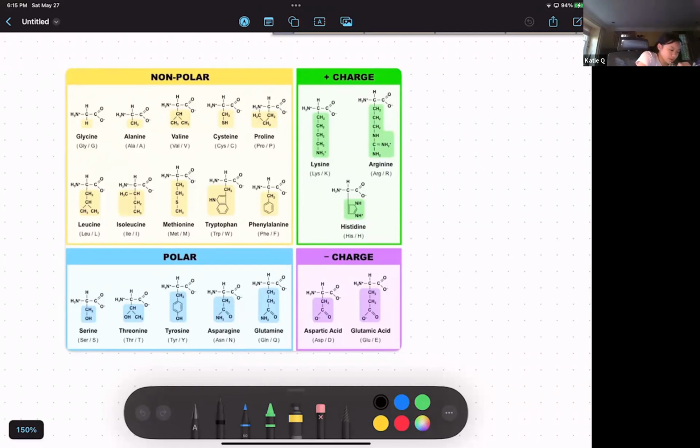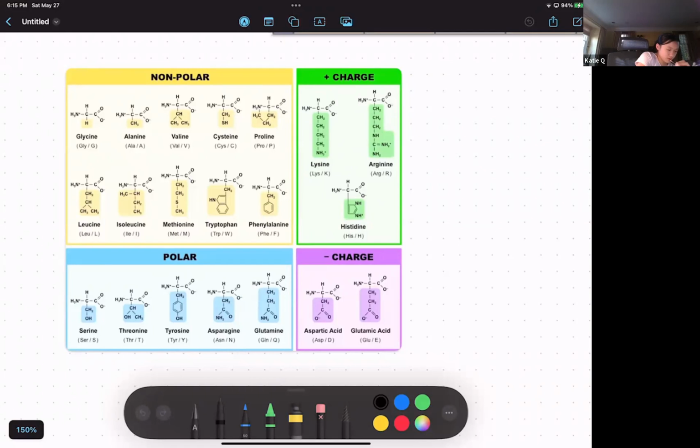There's going to be hydrophobic interactions. Looks like this. Oh shoot, there's supposed to be... And then they're connected with each other.